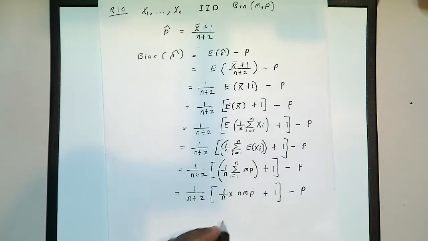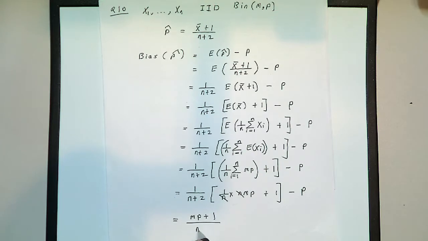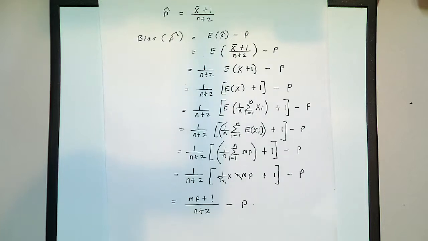The n here and the n here cancel out, so what you have is mp plus 1 divided by n plus 2, minus p. So this is the expression for the bias of p hat. Are you guys okay with this?